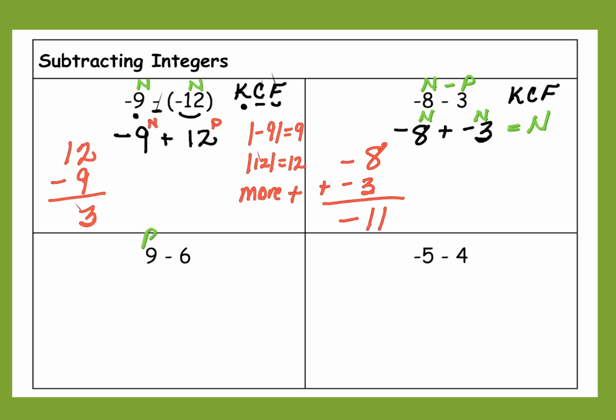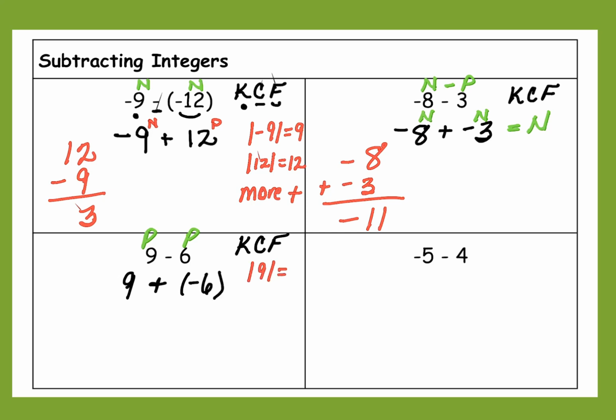Here we have a positive minus a positive. This is something you should easily know, but let's prove that keep, change, flip works with all subtraction of integers problems. Let's keep the 9 and change that subtraction to an addition and flip that positive 6 to a negative 6.